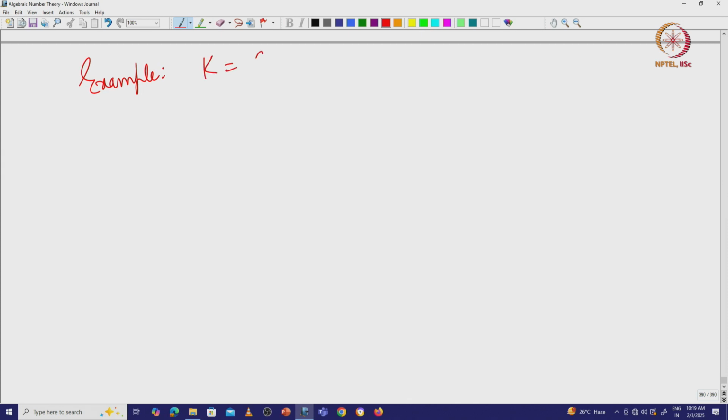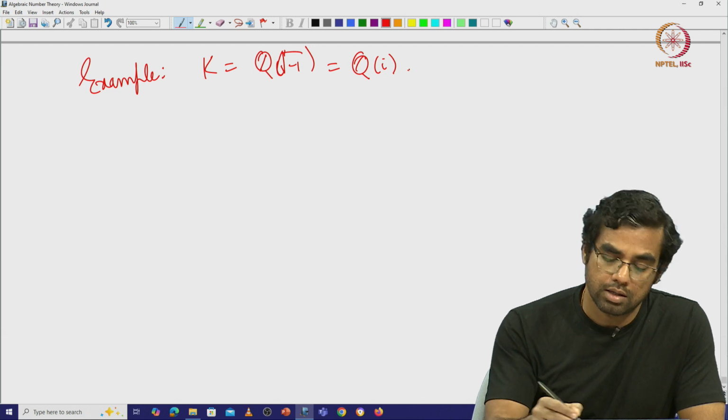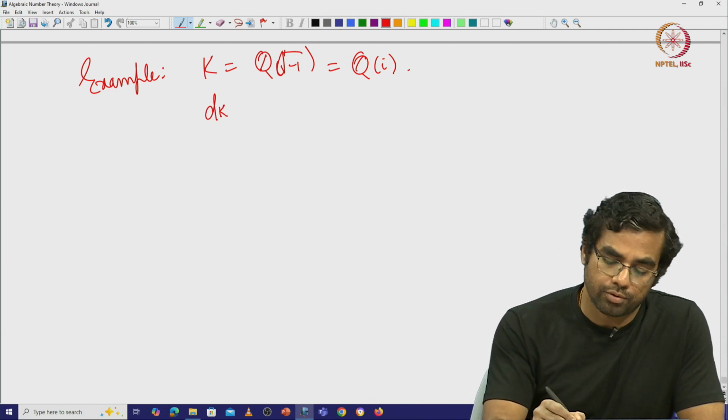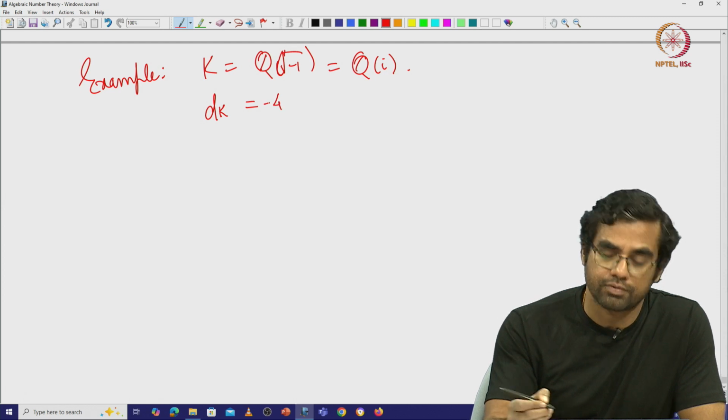So if I take K to be Q(square root of minus 1), the Gaussian integers, this is also often written as Q(i). Then what is the discriminant? Minus 1 is 3 mod 4, so this is minus 4.